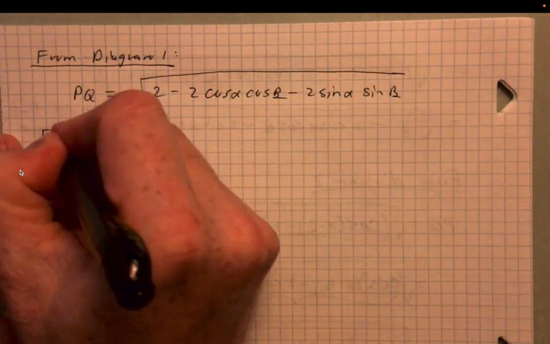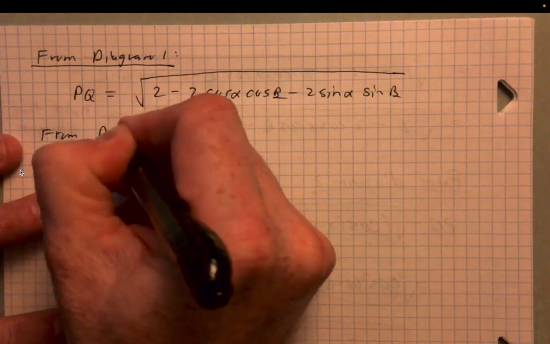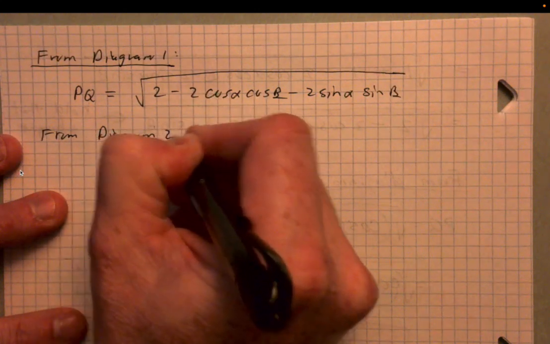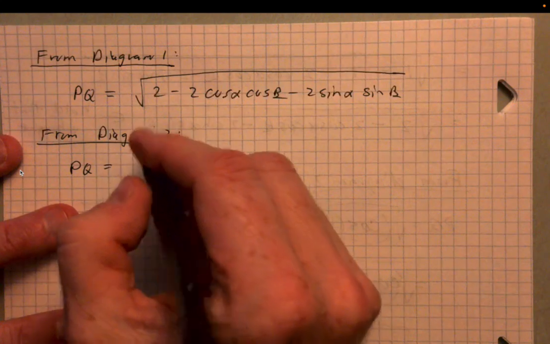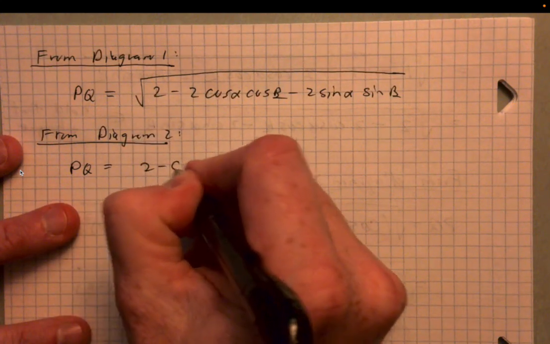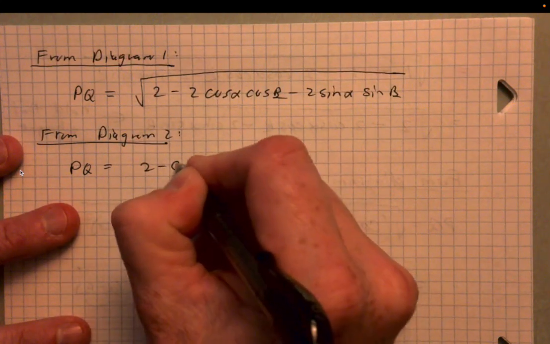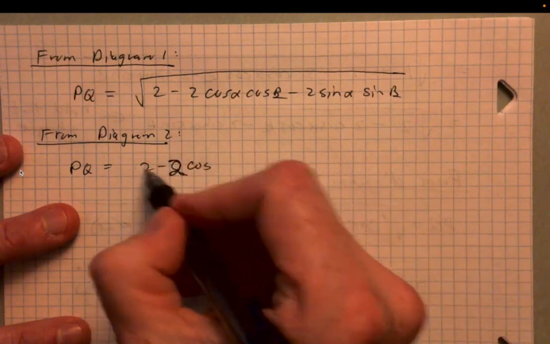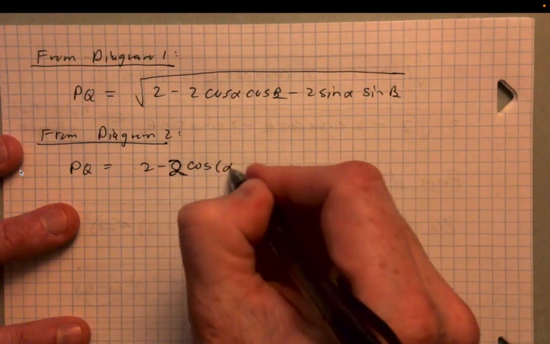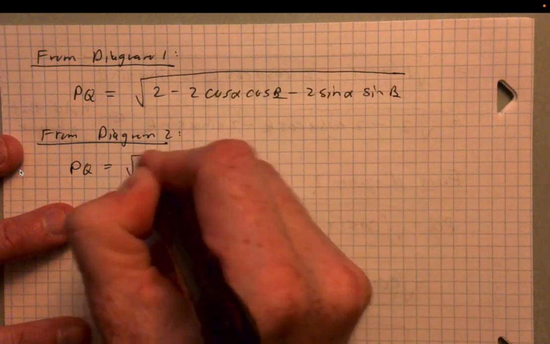And then from diagram 2, I found separately that PQ is equal to 2 minus 2 cosine of alpha minus beta, square root.